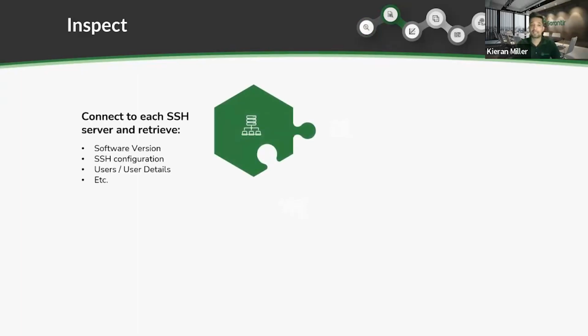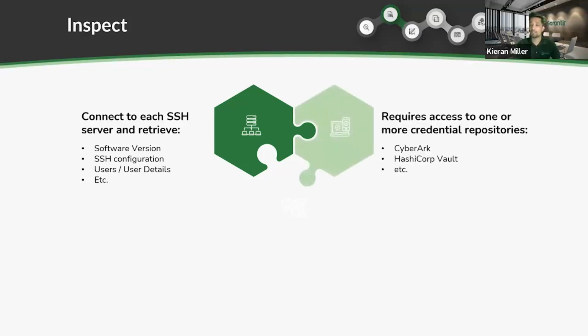Once you've discovered the endpoints, you want to inspect them. So this is where we want to connect to each server and retrieve the software version, the SSH configuration, the list of users. Basically, it's a read operation on the server. To do this, it requires access to one or more credential repositories.